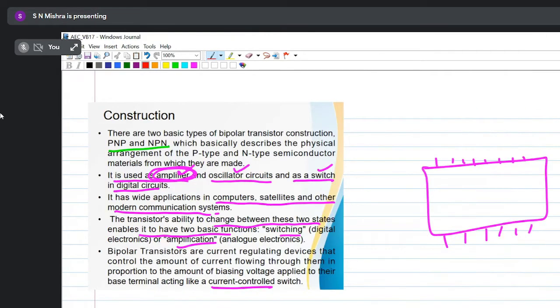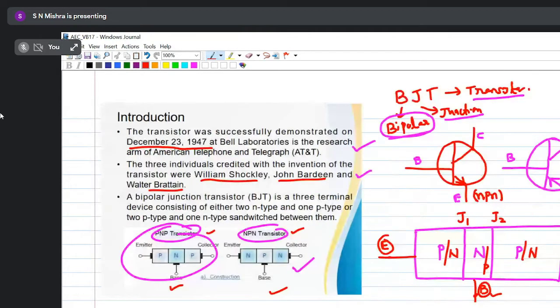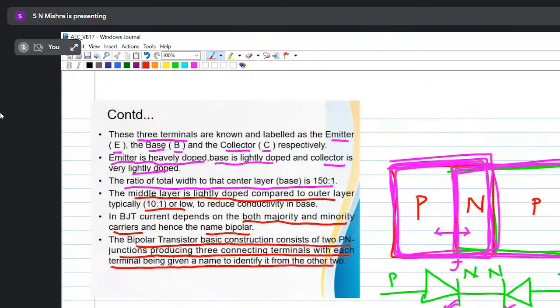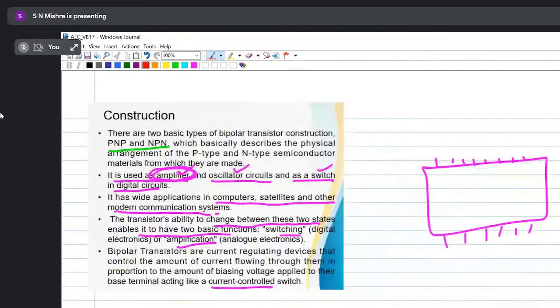From the starting, what we have discussed: we started with transistor invention, then type of transistor, why it is called BJT, then the terminal names, after that the symbol, then the construction diagram, sizing, doping, and conceptually how it is related to a PN junction diode, then the application.